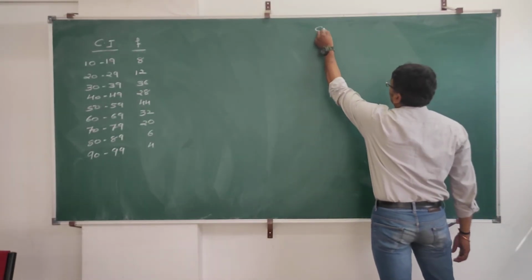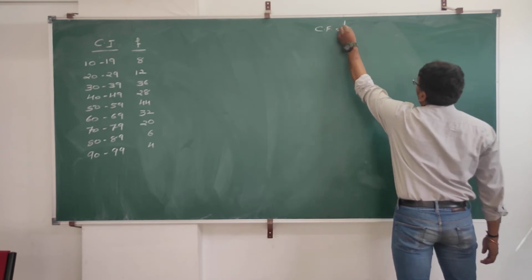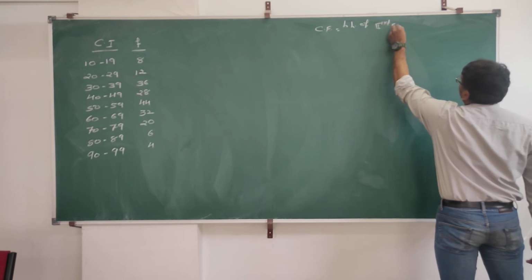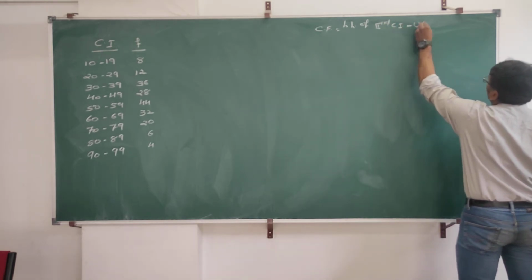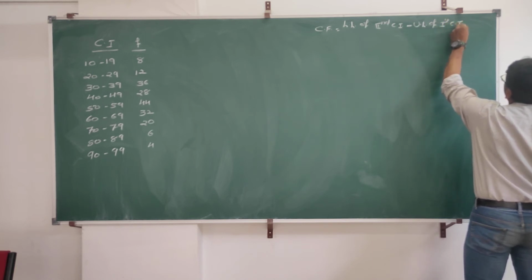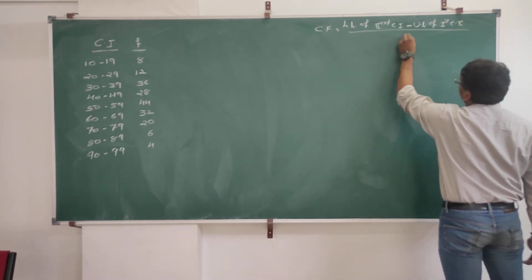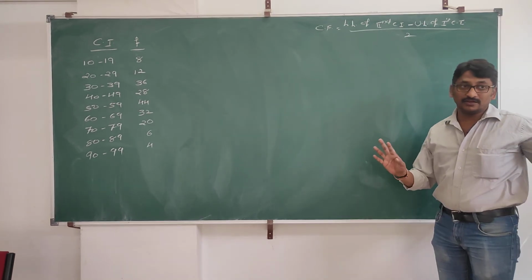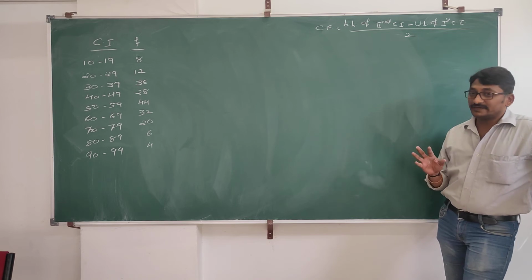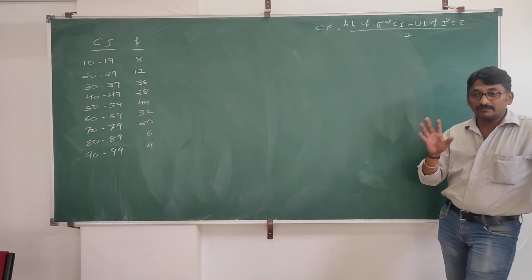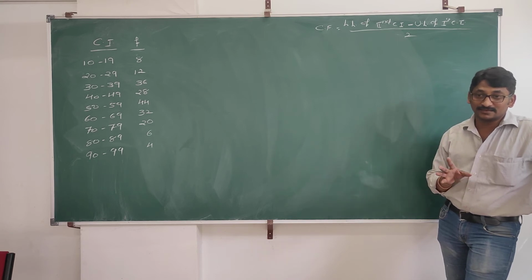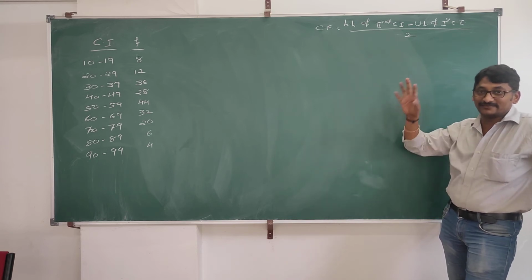Correction factor is equal to the lower limit of the second class interval minus the upper limit of the first class interval, divided by 2. Majority of the time your correction factor value will be 0.5 only, but in some problems it will change. So don't take a risk. Calculate the correction factor, then go further.